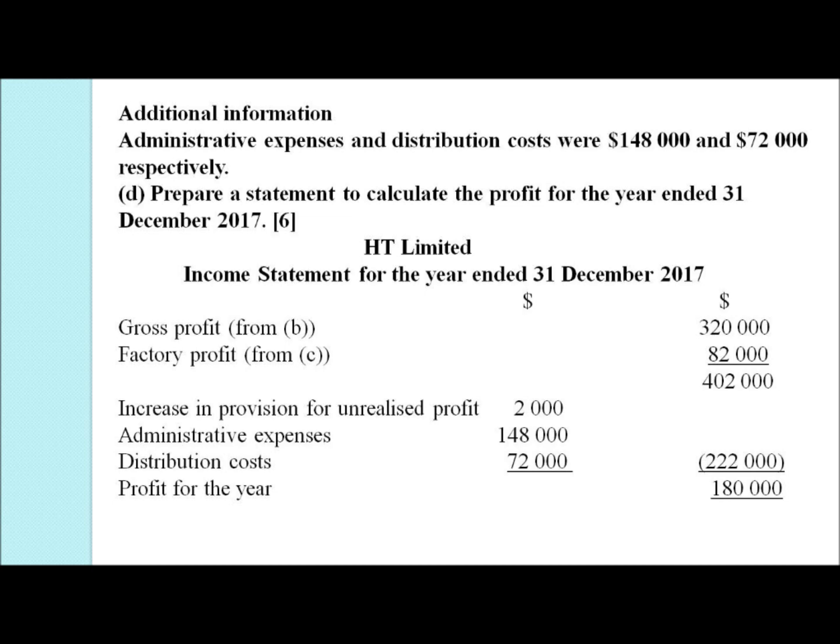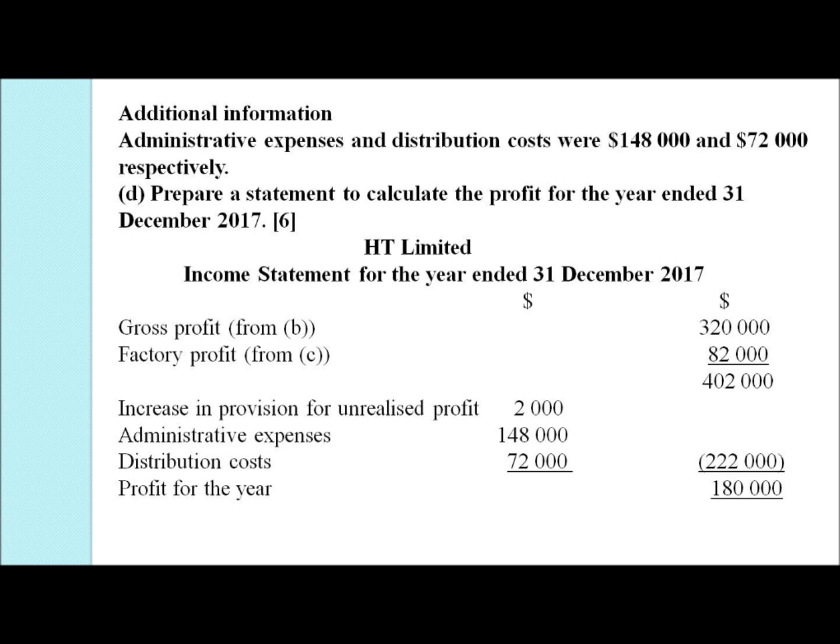In the next part of the question, we have been given information about administrative expenses and distribution cost, and we are asked to prepare a statement to calculate the profit for the year. For this, we will make the rest of the income statement, starting with the gross profit, which was calculated earlier, to which we add factory profit, which was also calculated previously, and from this we subtract the increase in provision for unrealized profit, which was given in the question in point 4, where the account for unrealized profit was given.